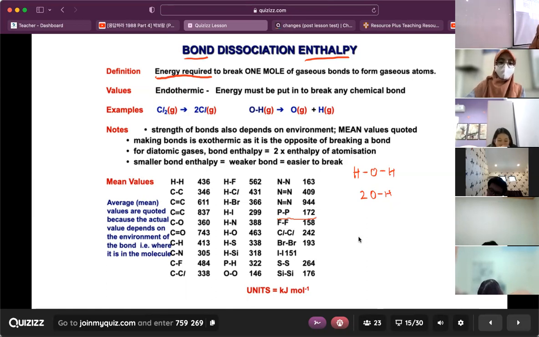So calculate. Here OH is 463, so you need 2 times 463. That is the energy you need to break down the OH bonds. Okay.